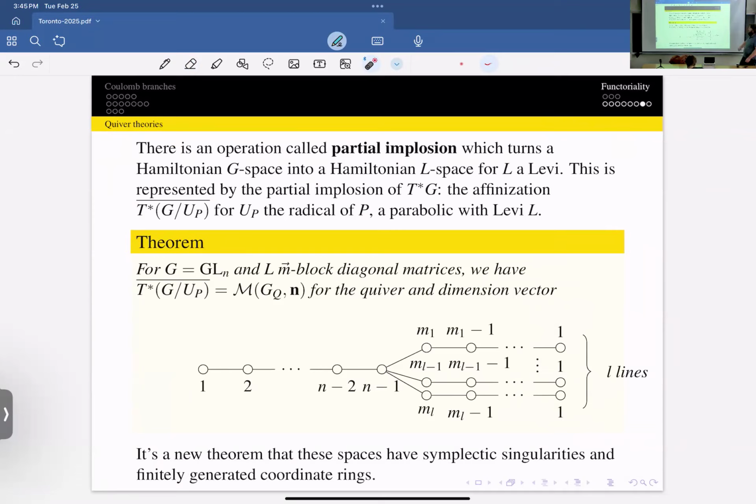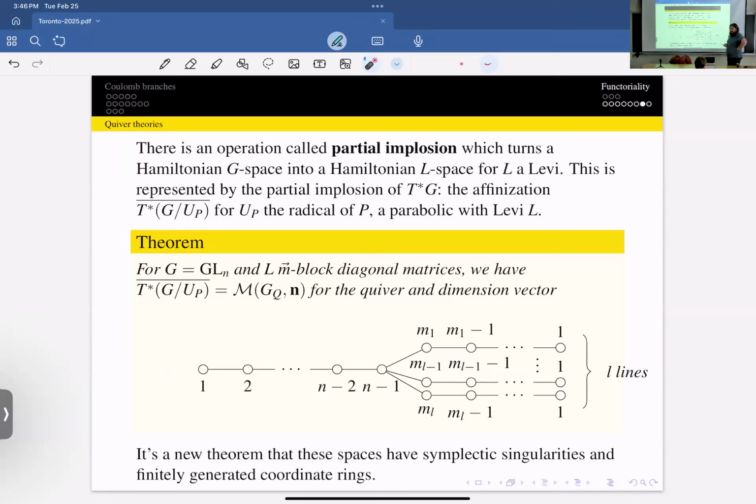So our original motivation for doing this was Tom had been at PI in October and asked me about this problem, and we suddenly started going down this road rather rapidly. For various reasons involving the story about implosion, it's very interesting to think about, take a group, take the radical of a parabolic, mod out the group by the radical of the parabolic, take T star of that.